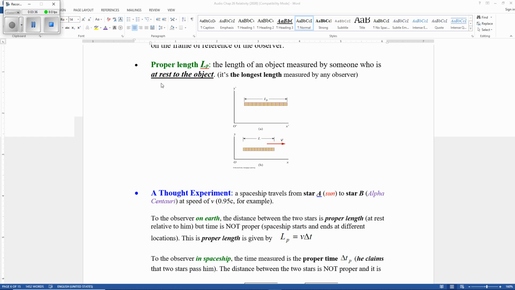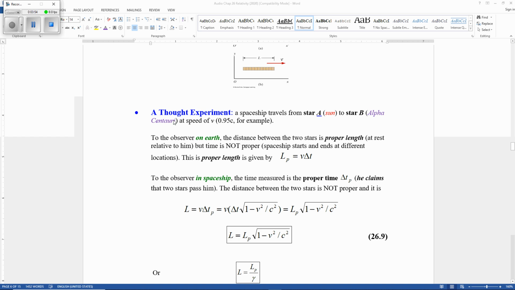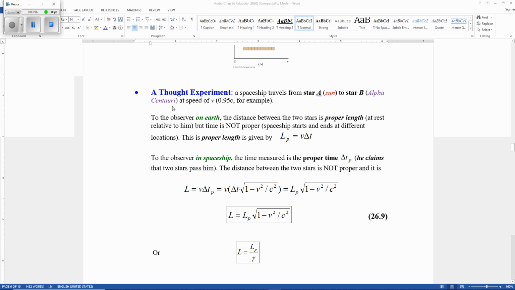Okay, so now we're going to discuss what's going to happen again with the length contraction and proper length. The length of the object measured by someone who is at rest to the object. Of course this is a thought experiment.